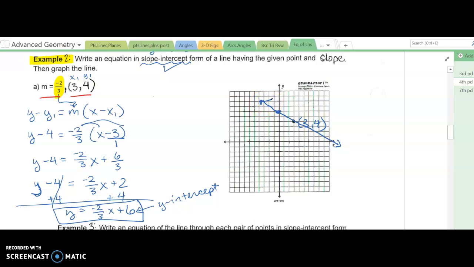My other option would have been to go up 6 on the y-axis and then go down using the slope of negative 2/3. That would have indicated to go down 2 and right 3. So down 1, 2 over 1, 2, 3. And I would have landed at 3, 4 anyway. Okay, so I'm going to stop this video and I'll see you on the next one for example 3.